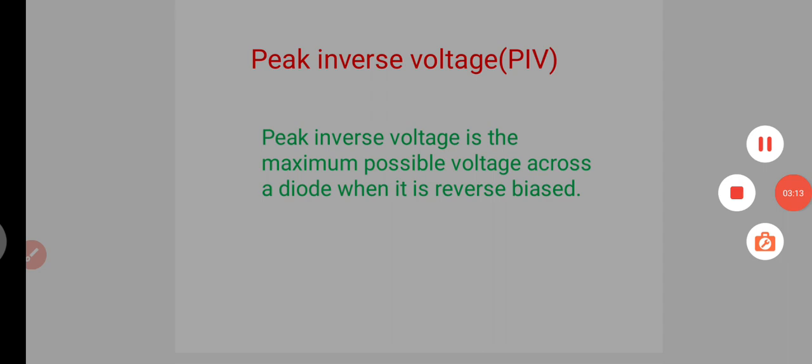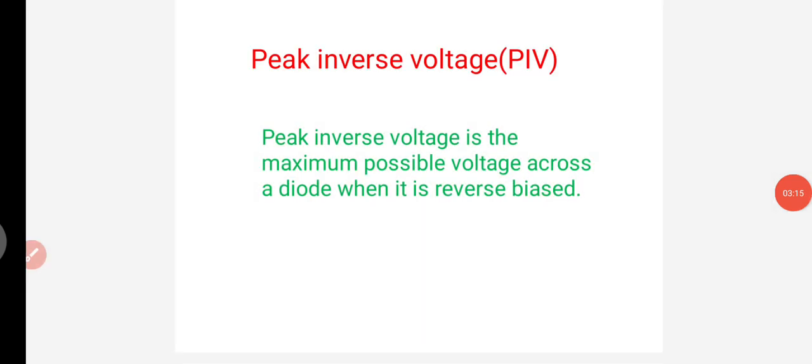Next one is peak inverse voltage. Peak inverse voltage is the maximum possible voltage across a diode when it is reverse biased.